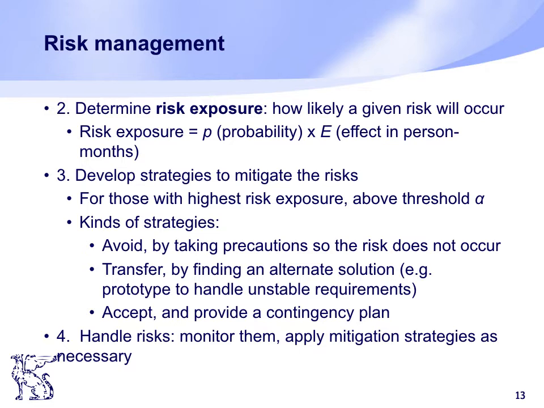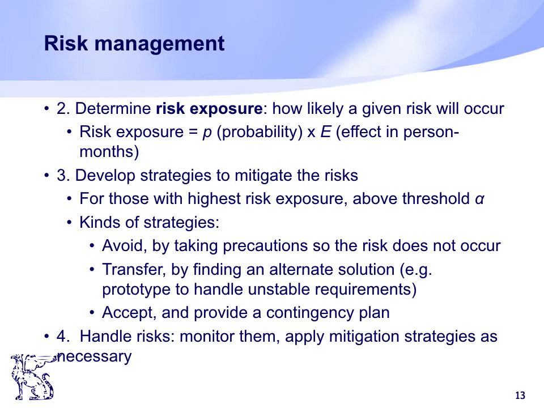After you are done with risk exposure, you have to develop strategies to mitigate the risk. That's our third step in risk management. There are three general strategies to mitigate risk: avoid, transfer, and accept. These are the three main kinds of strategies.